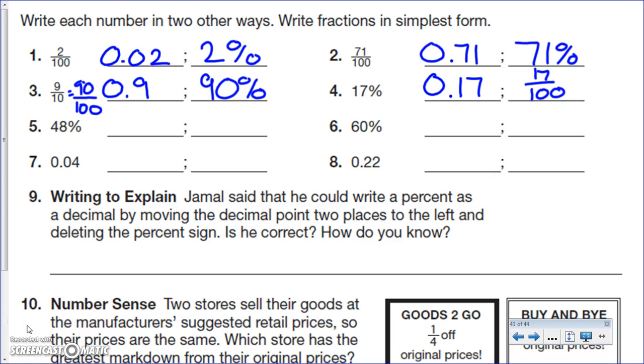Right, for 48%, we're going to write it first as a decimal, so we know that's going to be 48/100. Next, we're going to write 48/100 as a fraction, and then we're going to simplify.